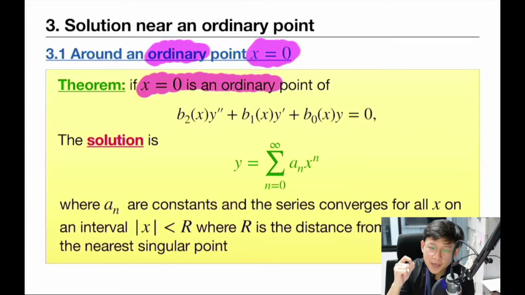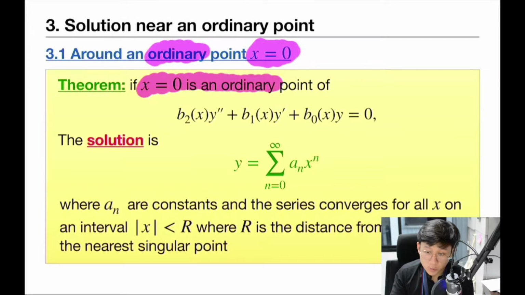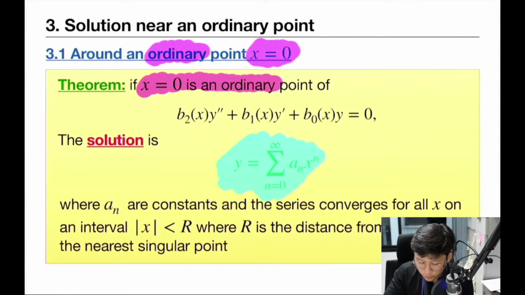So if x equals 0 is an ordinary point, we can say that the solution of this equation, which is the one that we are interested in, can be written in terms of this power series. This is very important. Here a_n are constants, and so on.